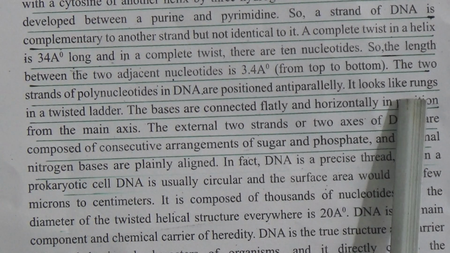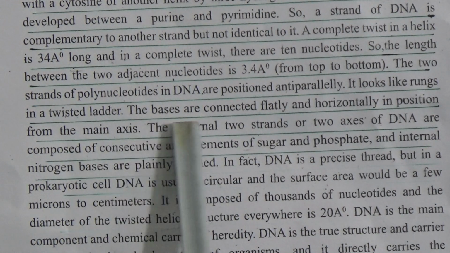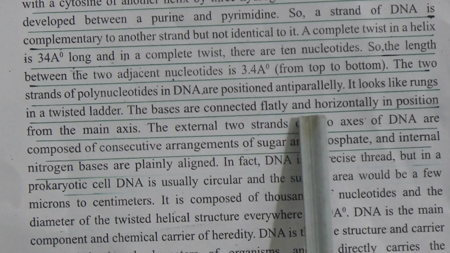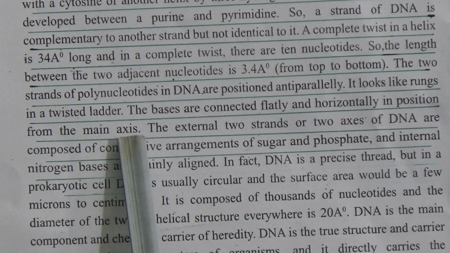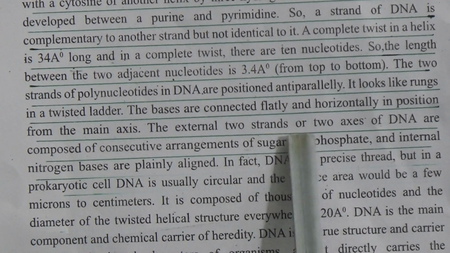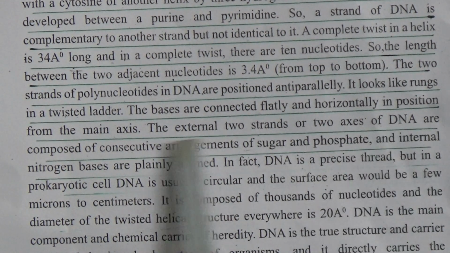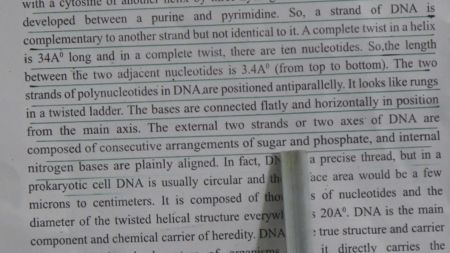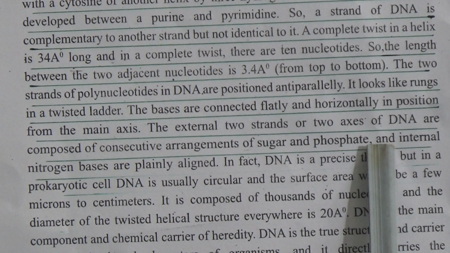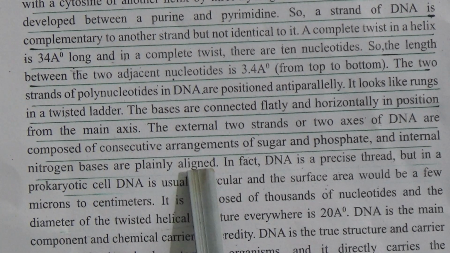It looks like rungs in a twisted ladder. The bases are connected flatly and horizontally in position from the main axis. The external 2 strands or axes of DNA are composed of consecutive arrangements of sugar and phosphate, and the internal nitrogen bases are plainly aligned.